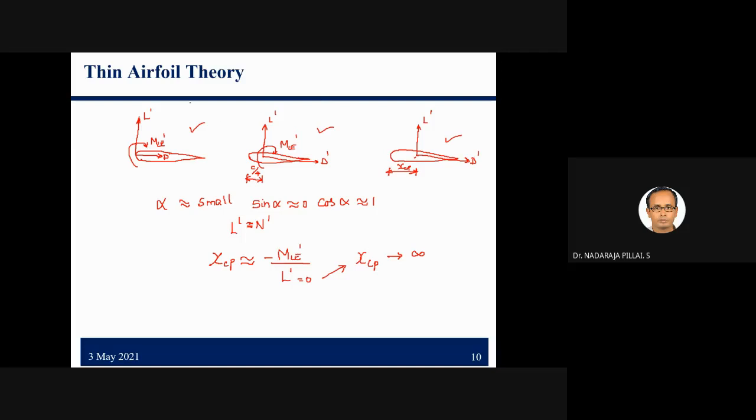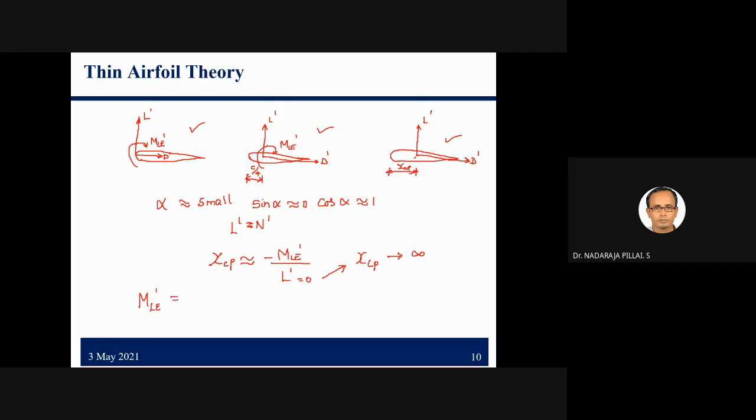In this case, the resultant is placed at the leading edge, here the resultant is placed at the quarter chord point, and here the resultant is almost at the center of pressure. So one can write the moment about the leading edge.